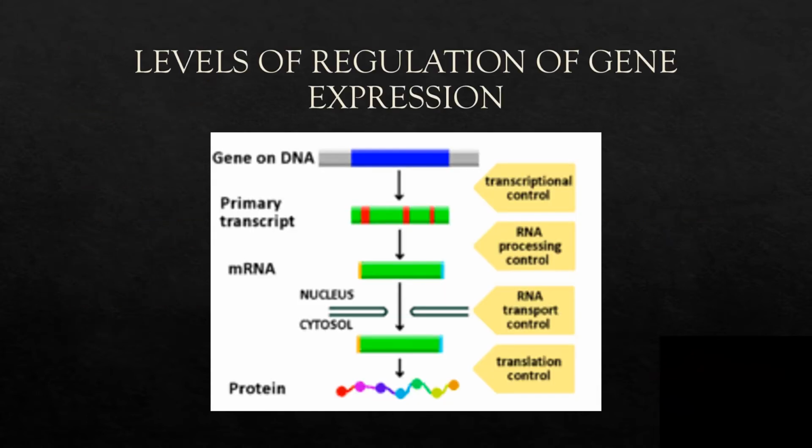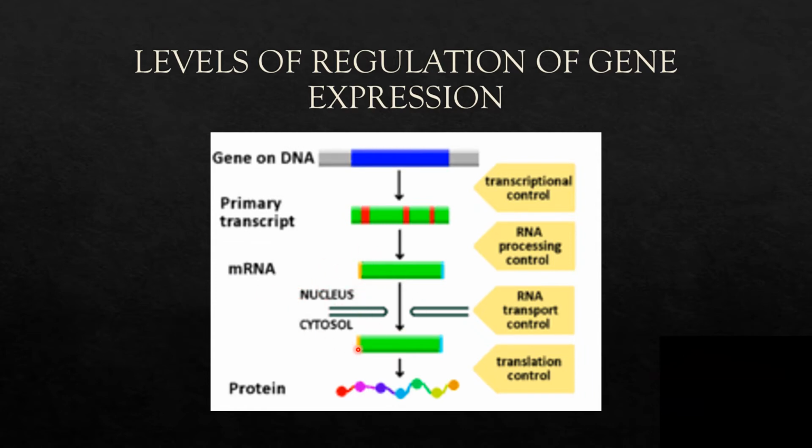Now moving on to the levels of regulation of gene expression. As you can see, the gene on DNA is transcribed to a primary transcript, then changes into mature mRNA, which moves to the cytoplasm.